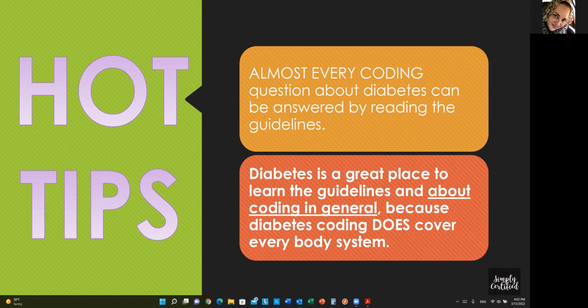Diabetes is a great place to learn about the guidelines. And I don't mean just the diabetes guidelines, I mean the whole shebang, the whole coding guidelines. Because in diabetes coding, you cover every single body system. That's exciting, right?